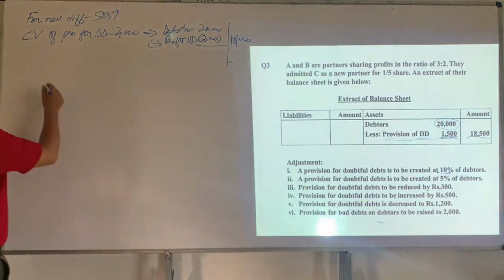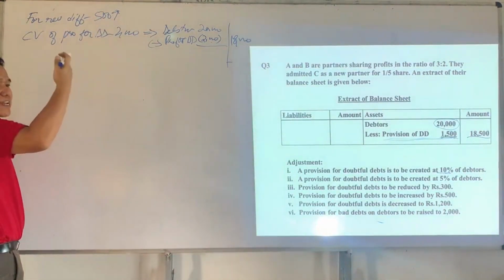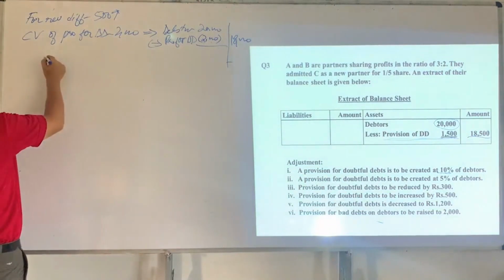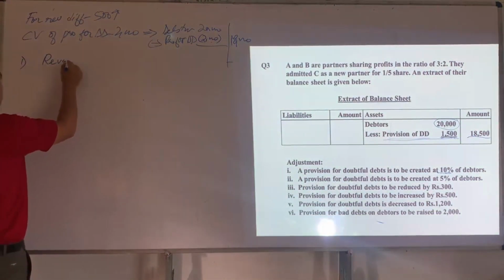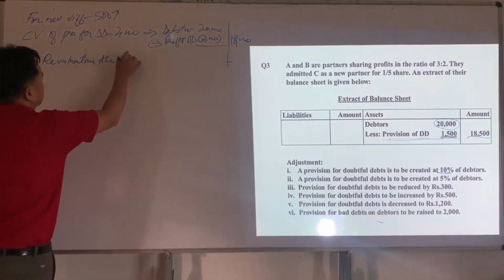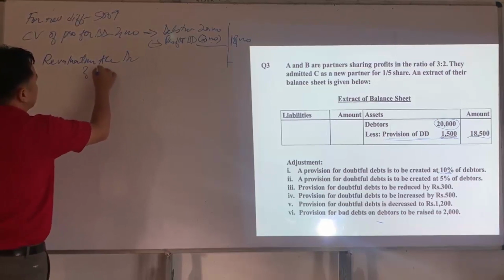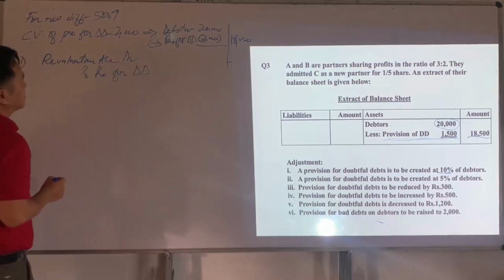And the journal entry is, since provision for doubtful debt is increased by rupees 500, revaluation account Dr. to provision for doubtful debt.